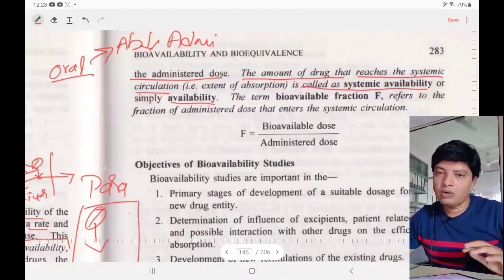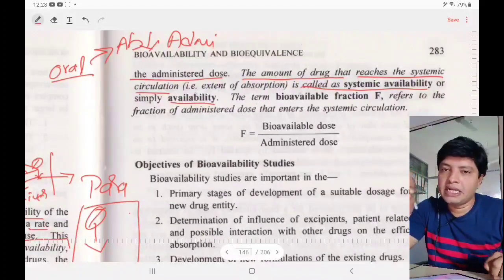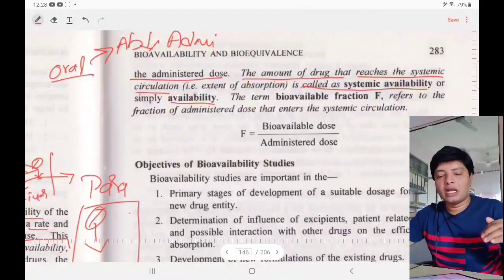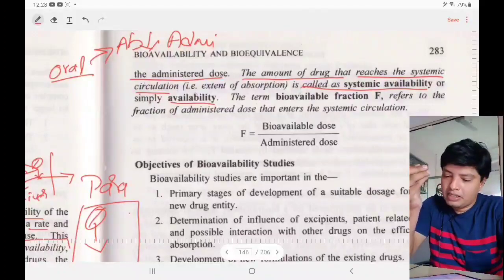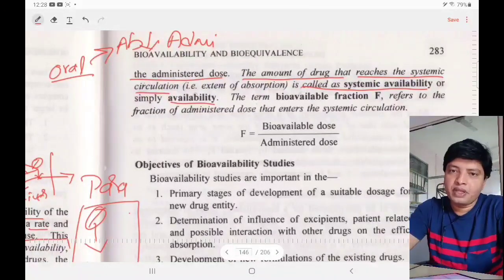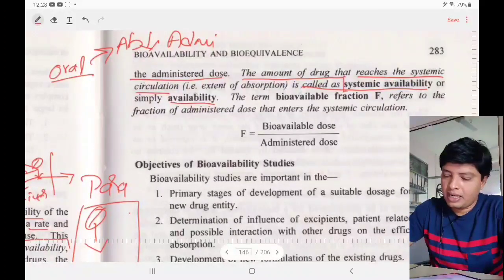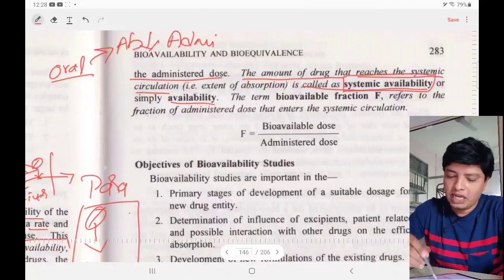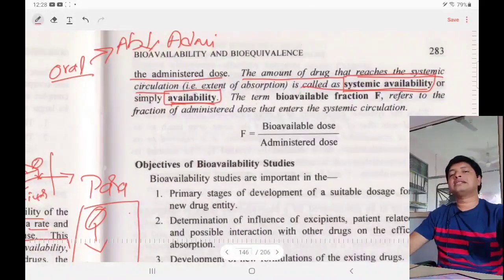In the oral route, the drug available to the patient will always be less than the drug that was administered. The amount of drug which reaches the systemic circulation we call systemic availability, or simply availability.